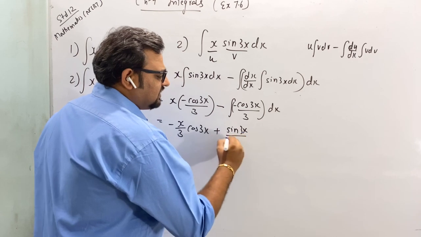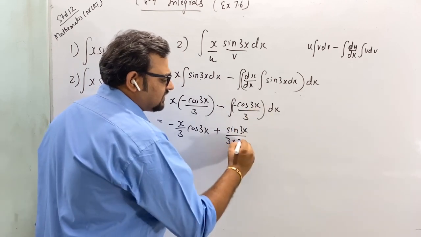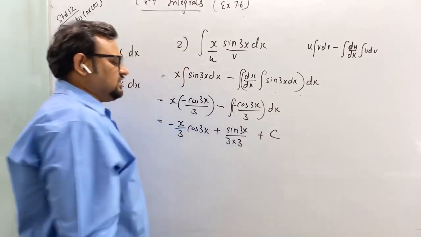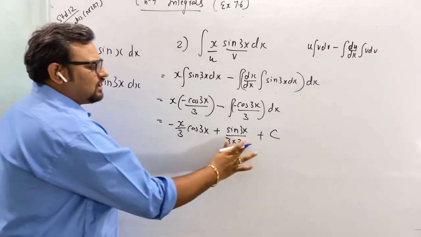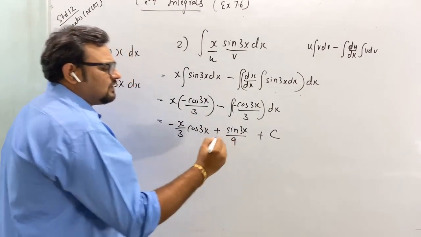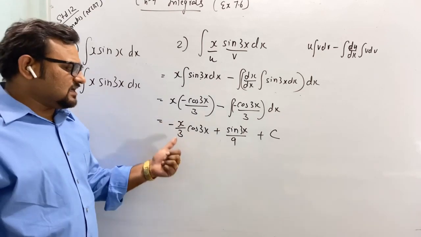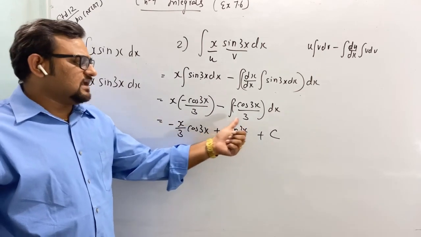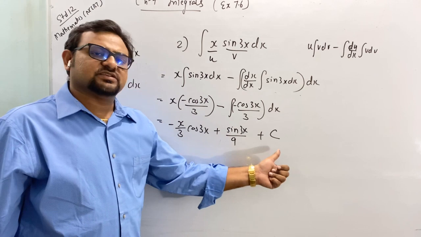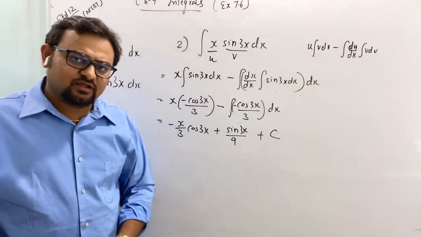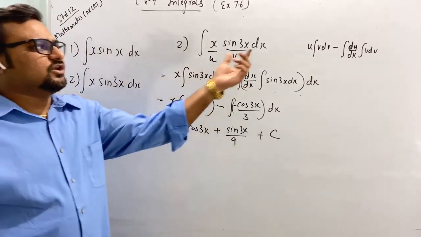It was already 1 by 3 and it is multiplied by another 3, plus c. So I can make it directly 9. So it's minus x by 3 cos 3x plus sin 3x by 9 plus c. Clear? So this was my method, u and v.